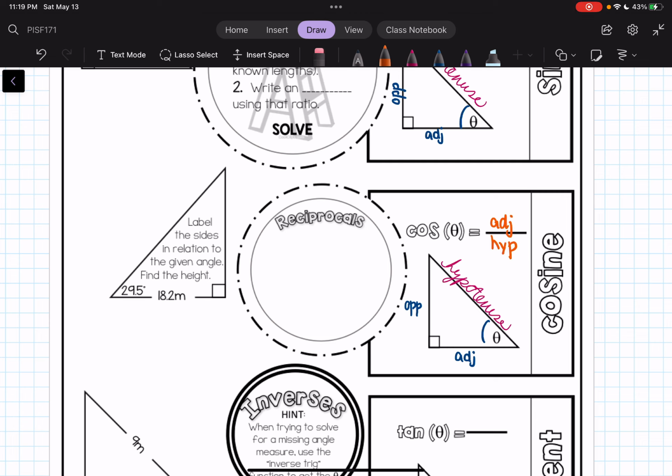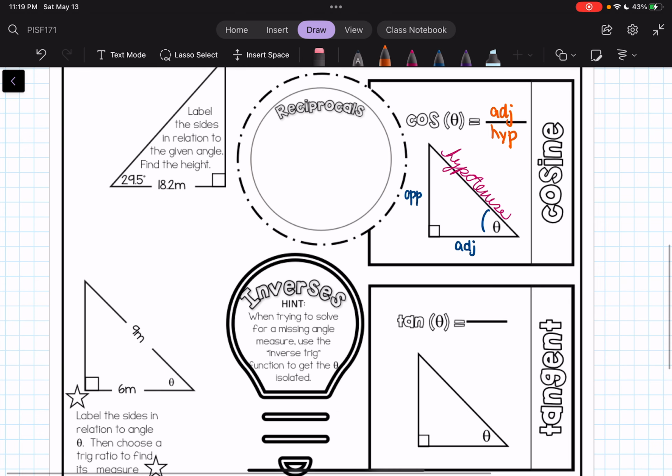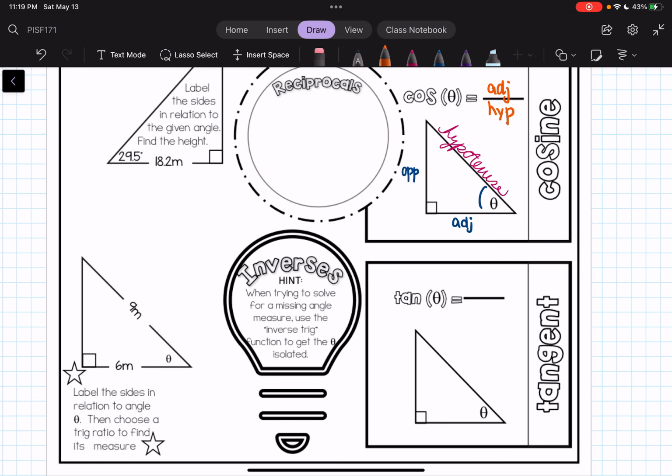hypotenuse. Right, now the last trig ratio we're going to look at is tan. So we label the hypotenuse, and then we know we have our opposite, and we have our adjacent.